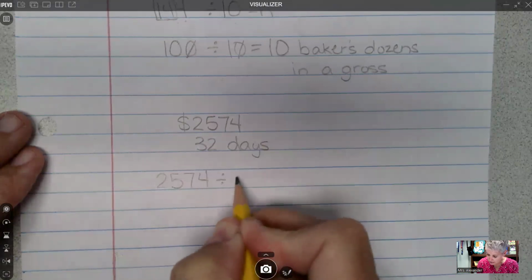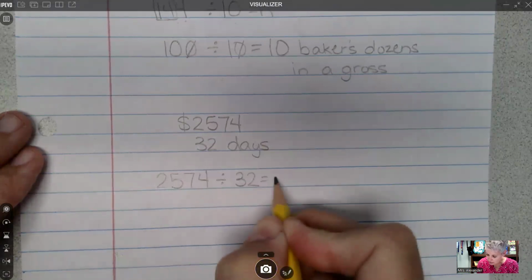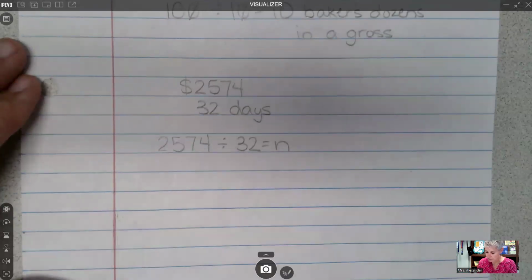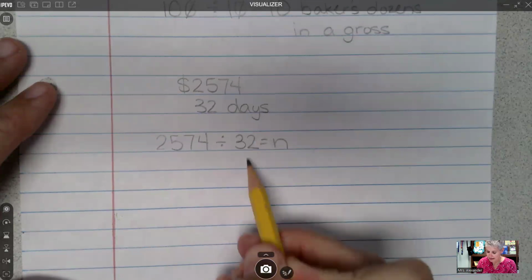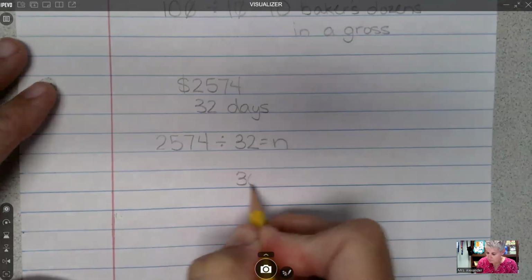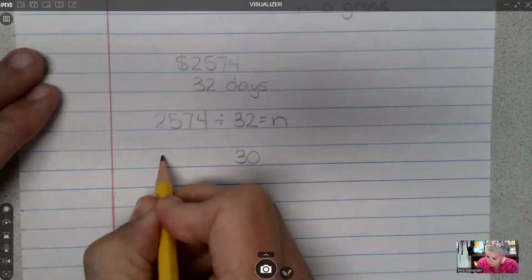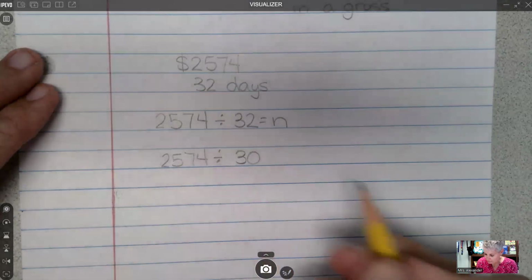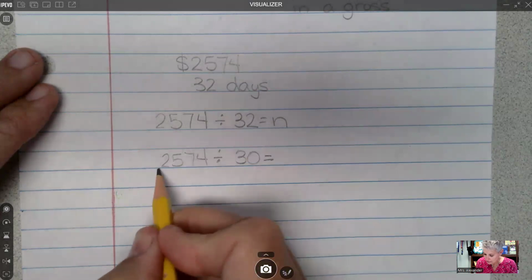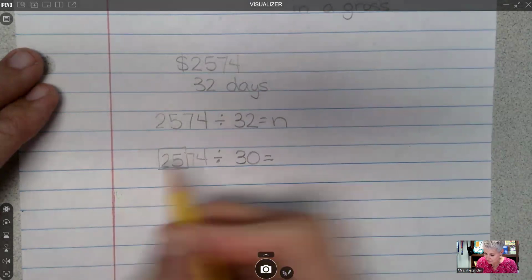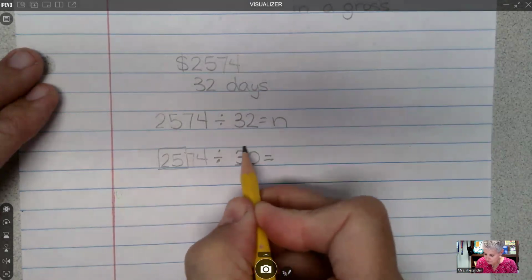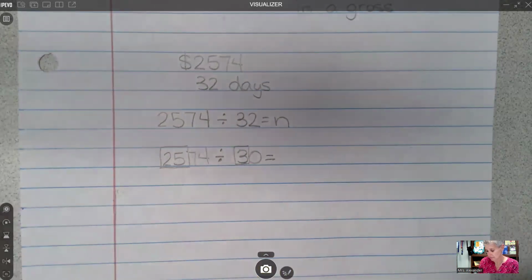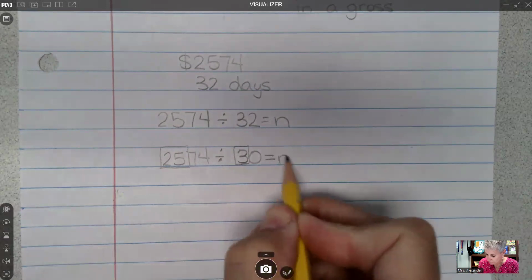2,574 divided by 32 equals n. I want to make some compatible numbers. So I'm going to change my divisor. I'm going to make that a 30. And then I have 2,574 divided by 30. Let's see what happens. I'm going to box that 25. And I'm going to think of my simple facts. So I just want to think of 3 times what gets us close to 25.